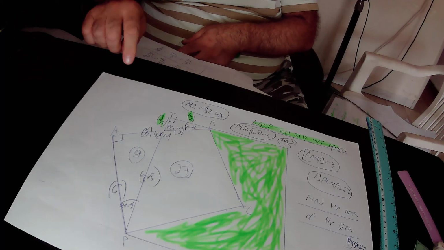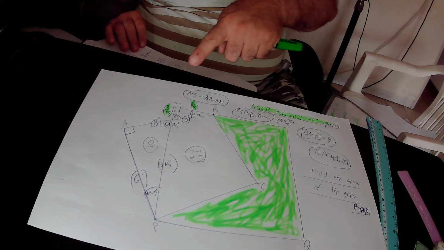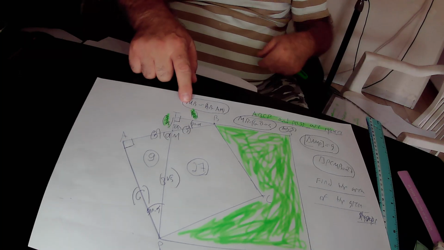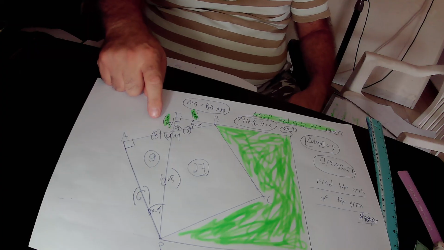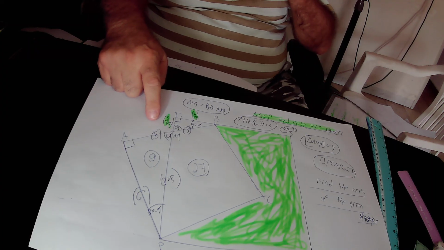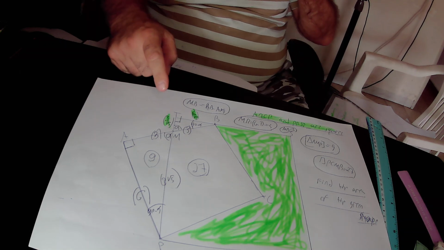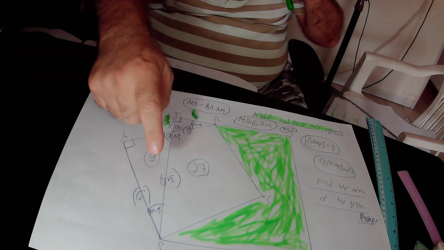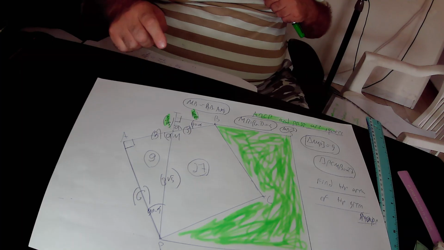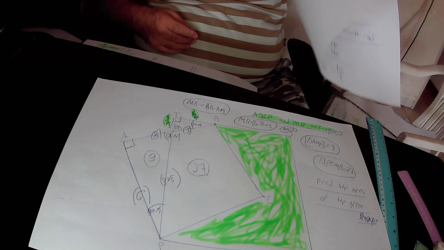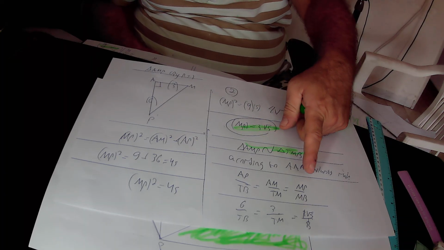Side AP of the big right triangle AMP over side TB of the small right triangle TMB equals side AM of the big triangle over side TM of the small triangle, and also equals side MP of the big triangle over side MB of the small triangle. So AP over TB equals AM over TM equals MP over MB.